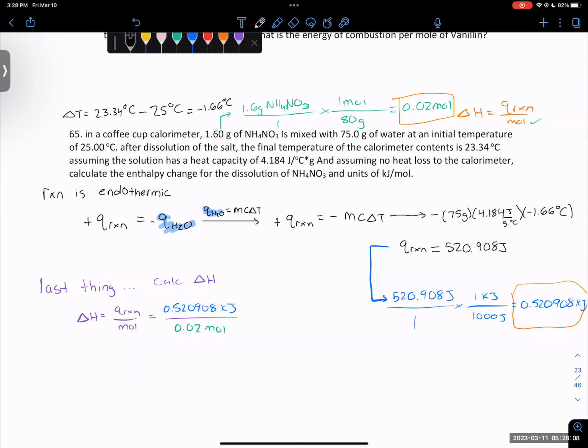So it's all coming together to give us a nice, wonderful number of, let's see, 26 kilojoules per mole of ammonium nitrate, right? Is equal to our delta H.